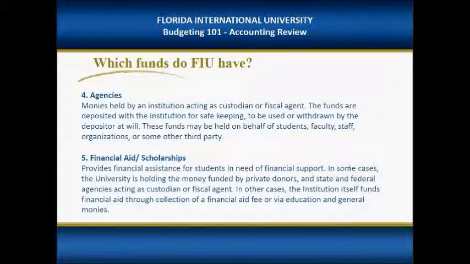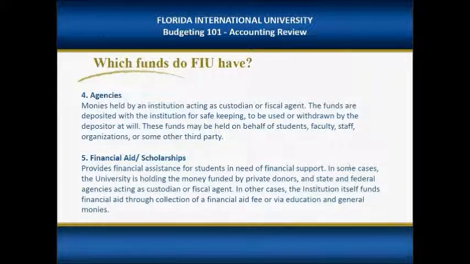Agencies. Agencies are monies that we hold acting as a custodian or fiscal agent for an external organization. That is important to note, external. These funds are deposited with us for safekeeping. They're used, but ultimately it is a liability back to the external party.